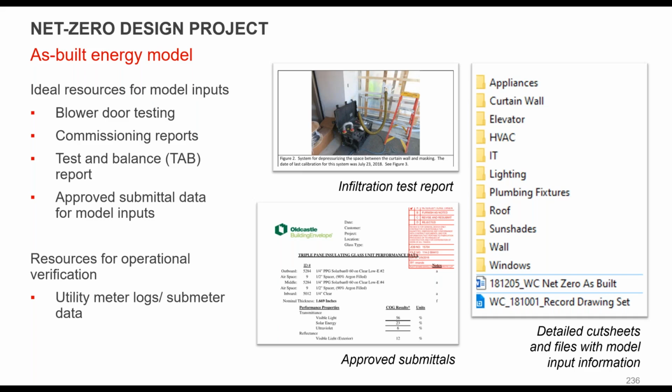So there's an example of a submittal for the triple pane insulating glass unit and what its actual results are for the particular window that you have, because they will vary. Center of glass U value is often quite different depending on the size of the unit. So you may have a pile of cut sheets that you can pull information from, as well as a record set.